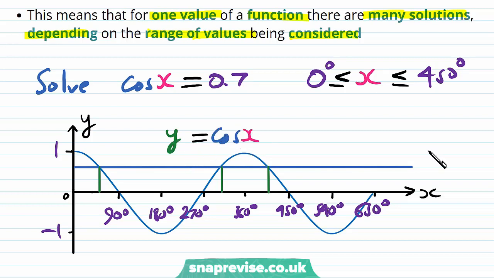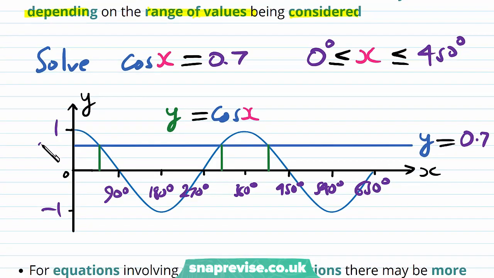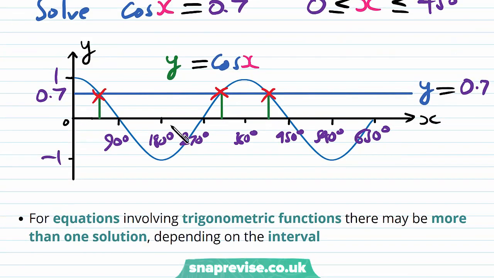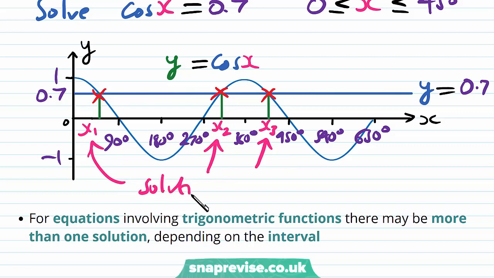and we also plot on the line y is equal to 0.7, as we have an axis value here at 0.7, and we see there are some intersection points here, here, and here in the required range. Then we can write x1 here, x2 here, and x3 here, and these are going to be the different solutions to the equation.